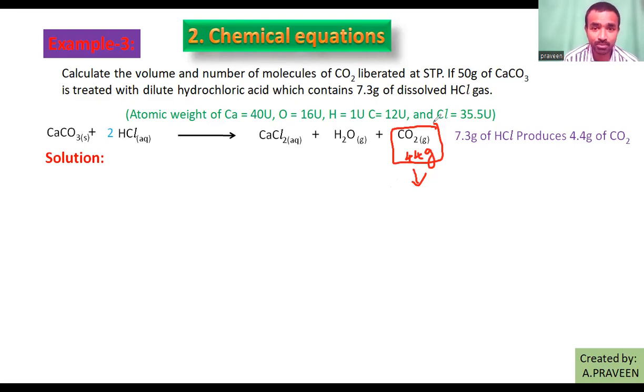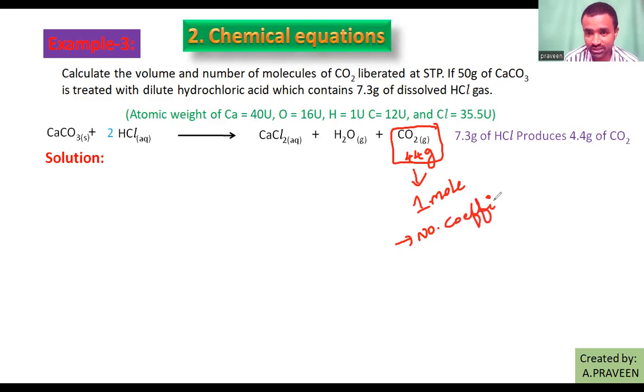How many moles of carbon dioxide does 44 grams represent here? Tell me. 1 mole. How did you decide it is 1 mole? Give me clarity. No coefficient. Very good. Simple logic is no coefficient.